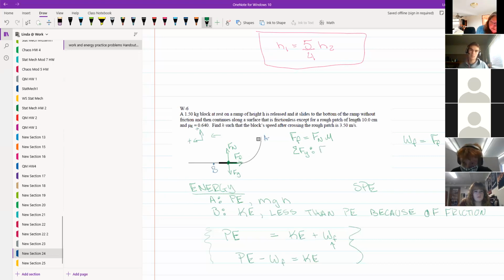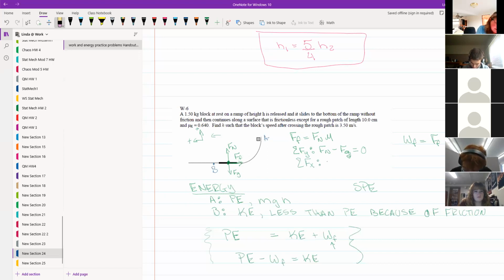So I'll have my force normal minus my force of gravity. And what does that equal? Does that equal 0 or MA? Should equal 0, because that's just in the Y direction. Not flying up in the air, not falling down to the ground. So that equals 0.